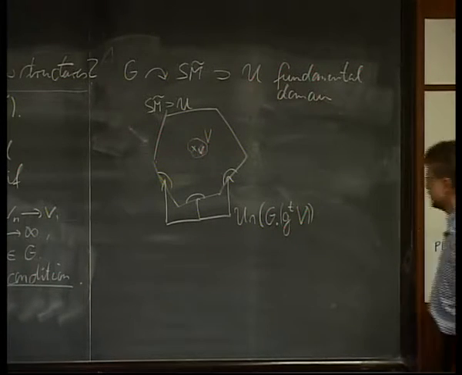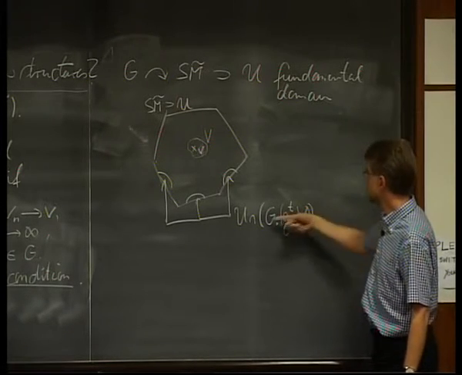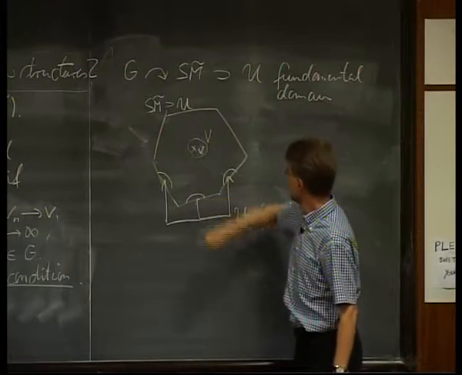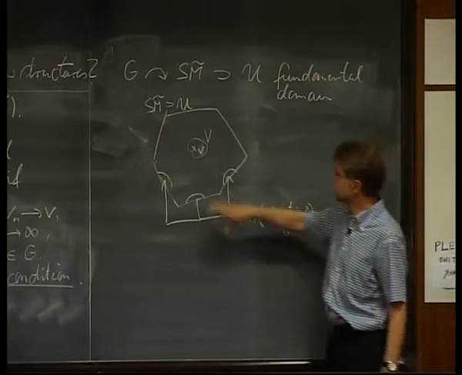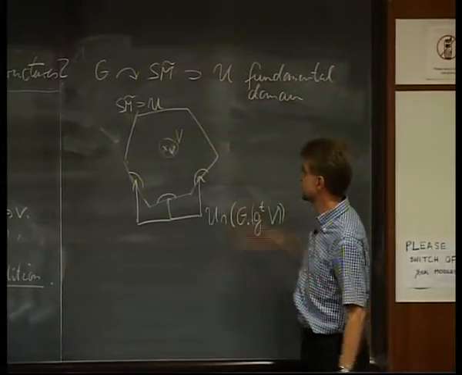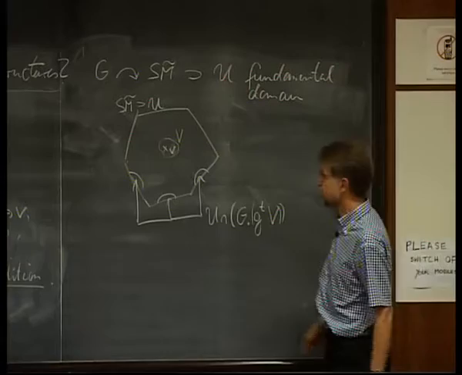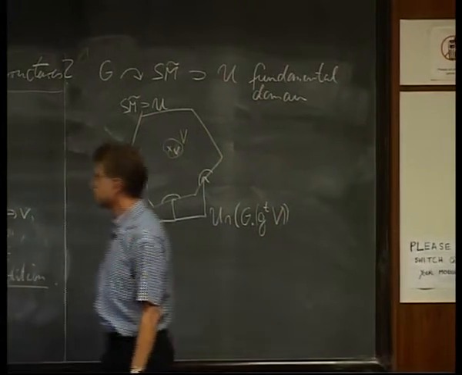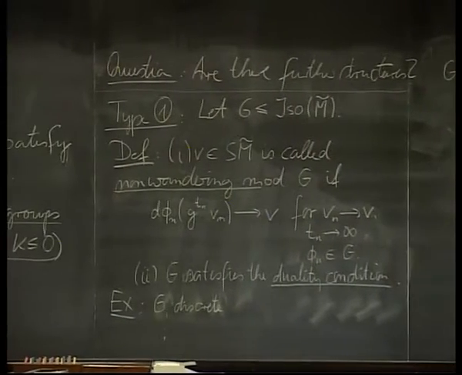And now the simple fact which lies behind all this is that this will have the same volume. U will have finite volume, so eventually these sets for different t's will keep intersecting each other since there's just not enough space to avoid each other. That's a classical result of Poincaré, and therefore each vector v will be non-wandering, and such a group G will satisfy the duality condition.